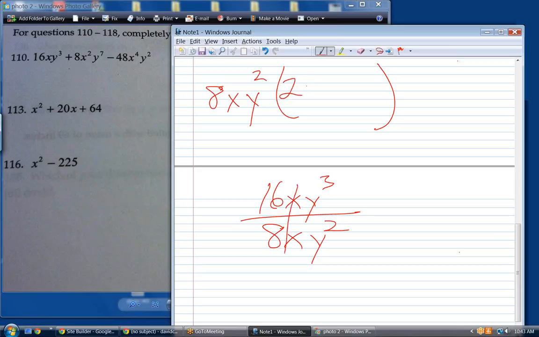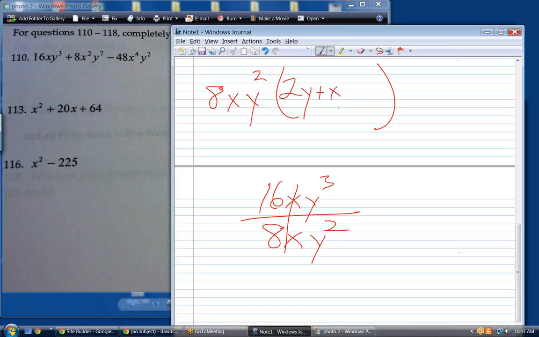So 2y. That's the first term. What's the second term? Not 2 anymore. When we divide that by 8, we lose the number. It becomes 1. So it's just x.